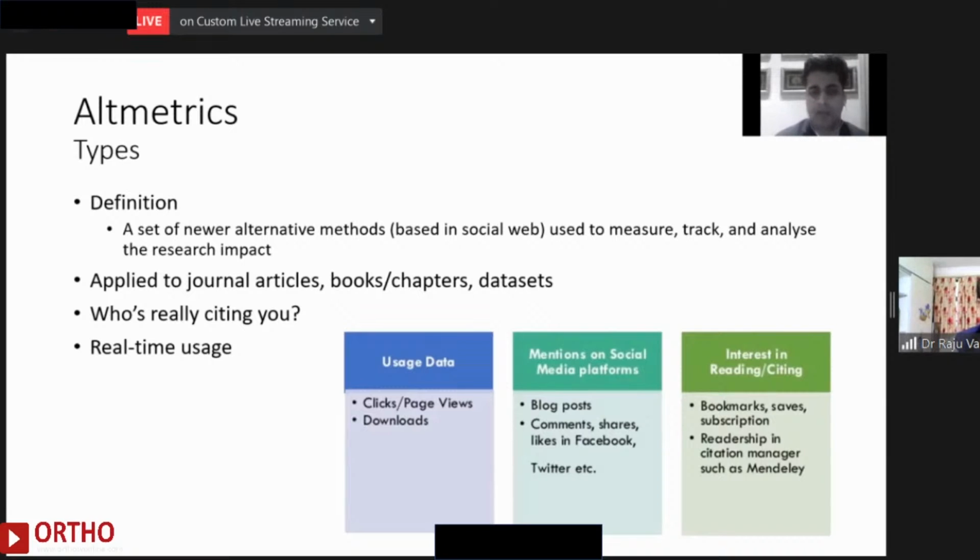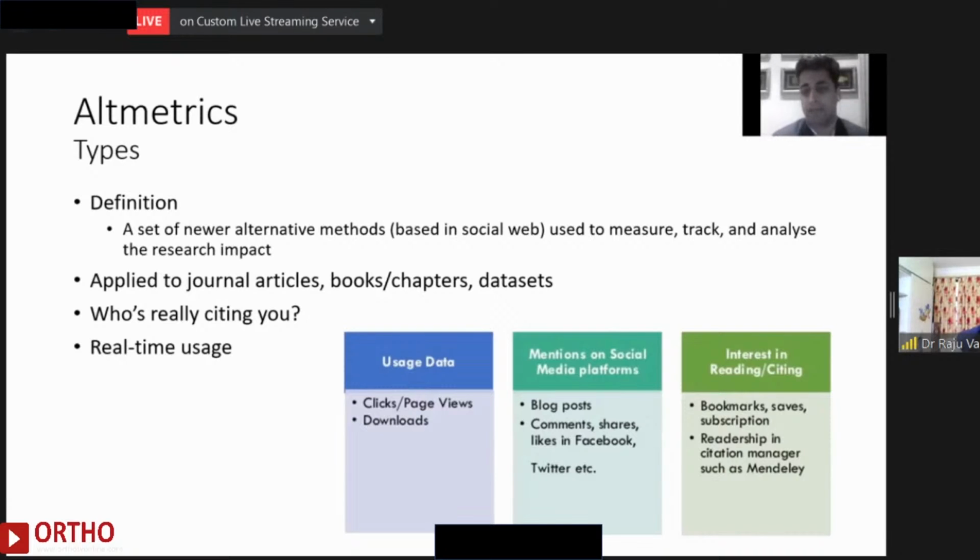This depends not just on what came out in scientific literature or in high-impact journals, but also on how many times the page was viewed online, how many downloads were taken for your article or author site, the blog posts mentioning your article, the comments, shares, and likes on Facebook, Twitter, and other social media platforms, and the interest people showed in their web search by bookmarking that page or saving or subscribing. And these all get together.